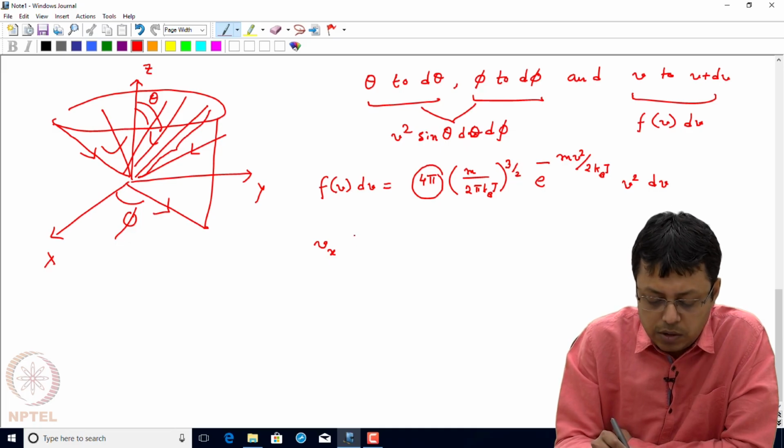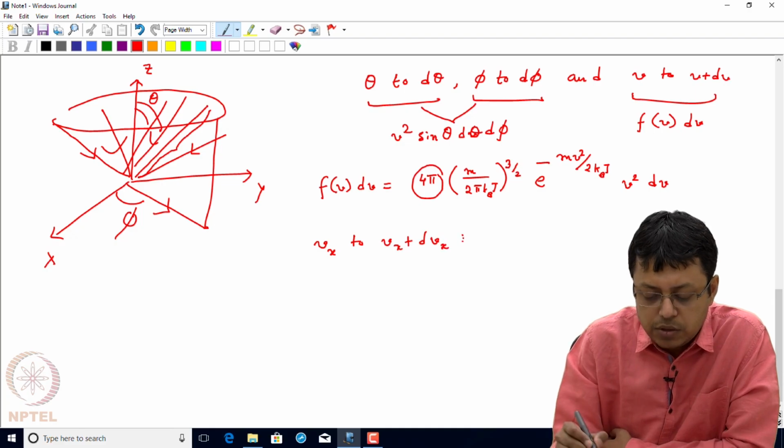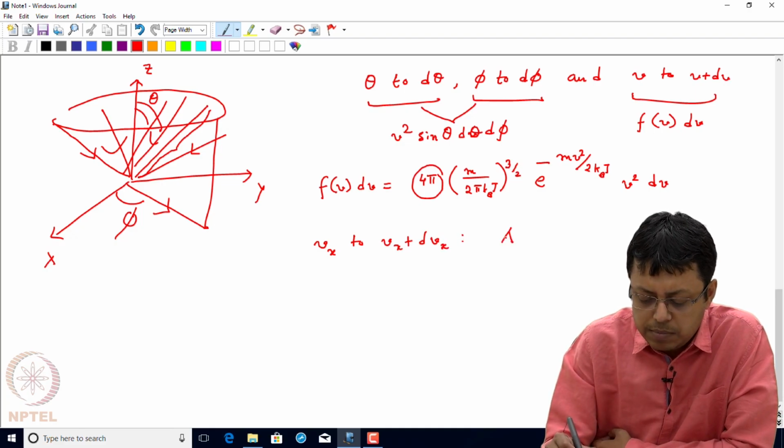What will be the probability for Vx to Vx plus dvx? And that we got something like some constant into e to the power minus some constant into vx square.